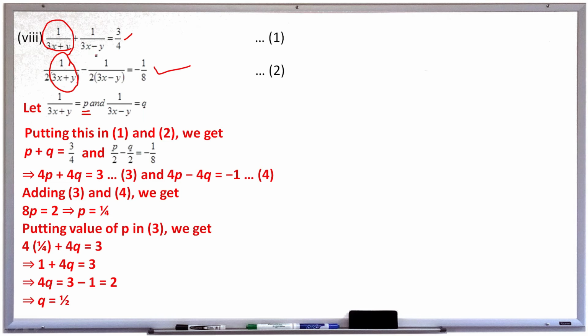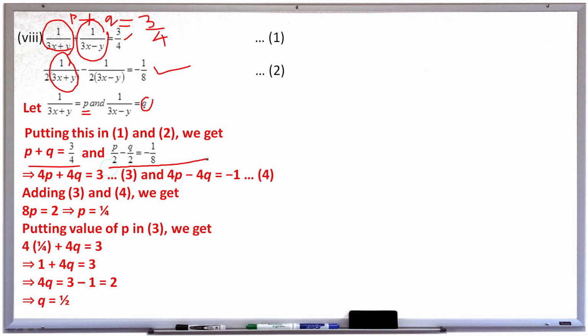Similarly, 1 by 3x minus y we take as q. So the first equation will become p plus q is equal to 3 by 4, that is what we are getting here.